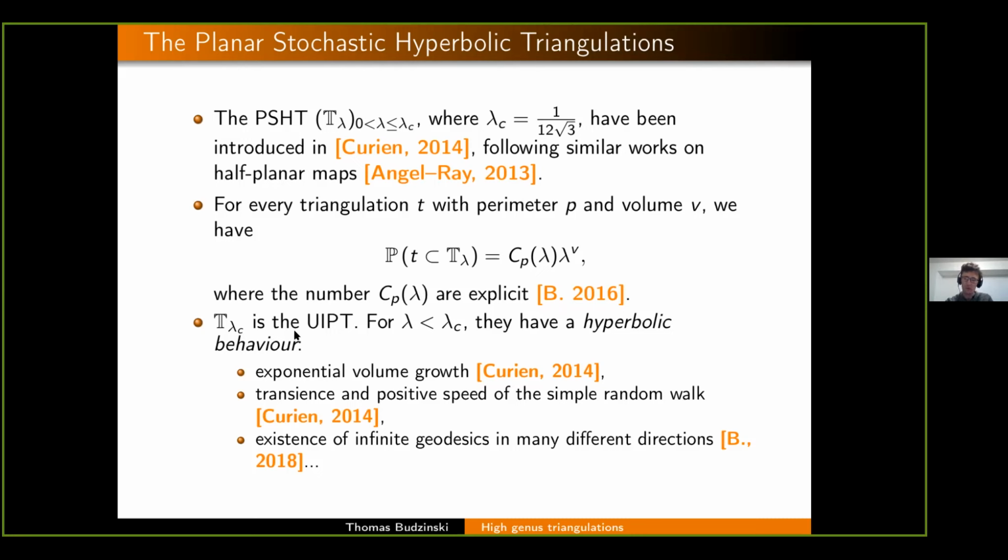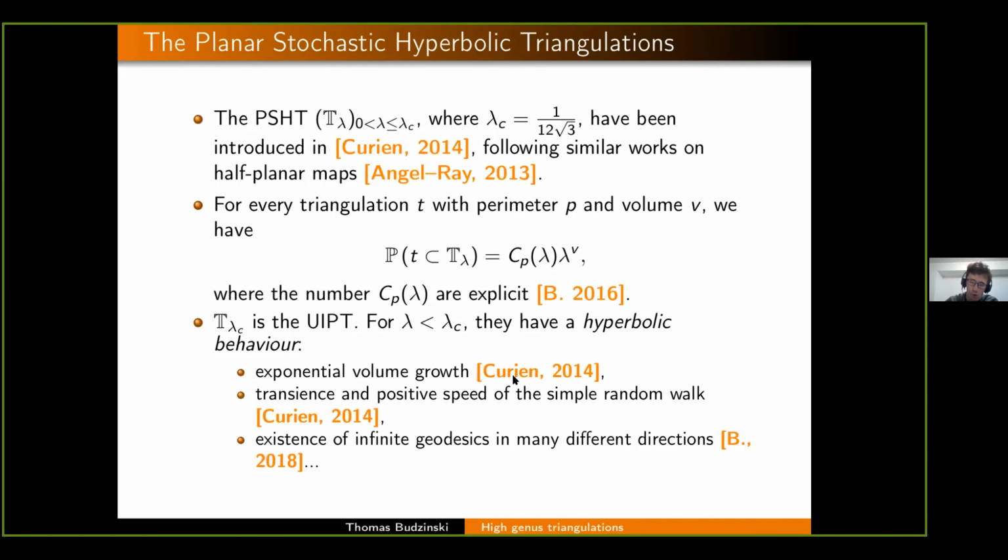Okay, so in particular for lambda equal to lambda c, we recover the UIPT, and for lambda smaller than lambda c, it's been shown that the random triangulations that we get exhibit a lot of hyperbolicity properties. For example, the volume growth is exponential, so the ball of radius r around the root has size exponential in r.